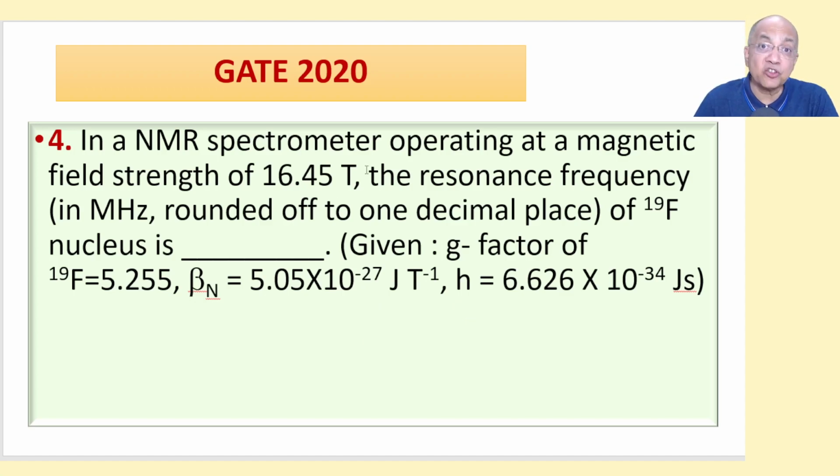Now the field strength is given and the nucleus is given. It is a spin half nucleus, as you know, like proton, like carbon-13, like phosphorus-31. Fluorine-19 is also a very easy to handle nucleus, and its resonance frequency at a particular external magnetic field is a little less than the proton's requirement.